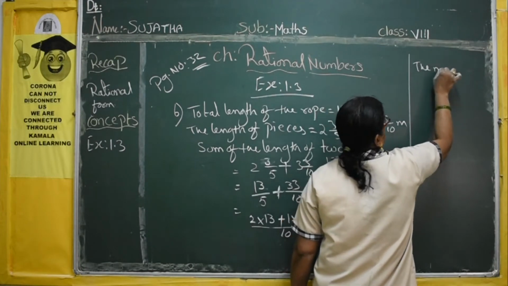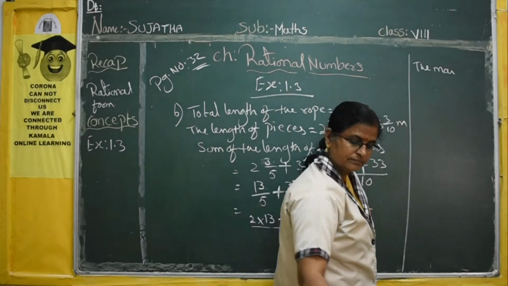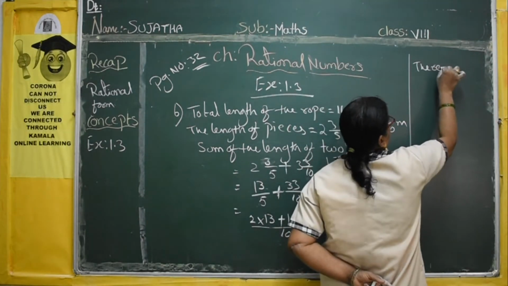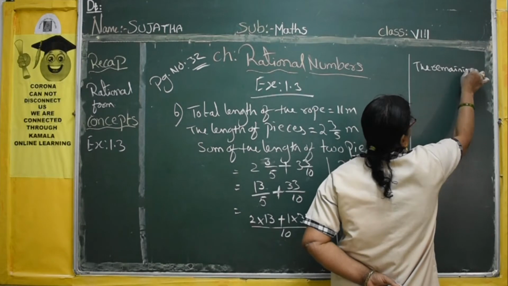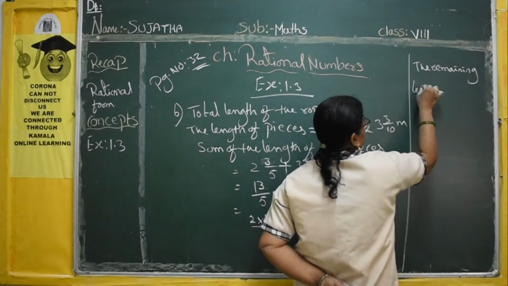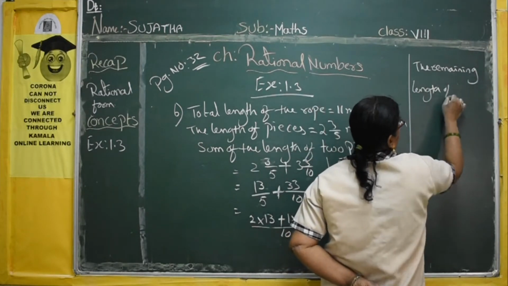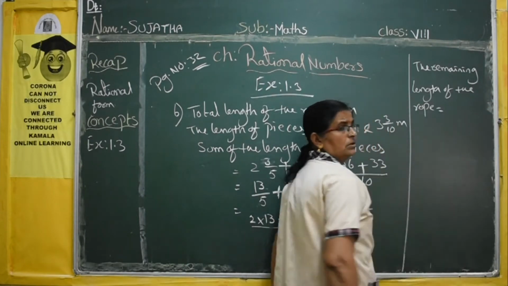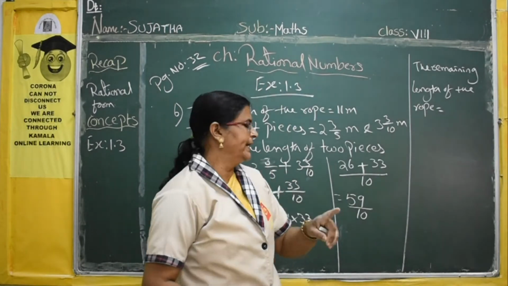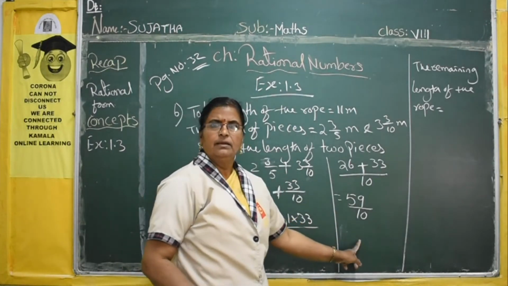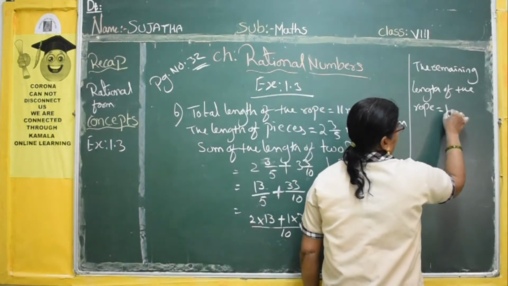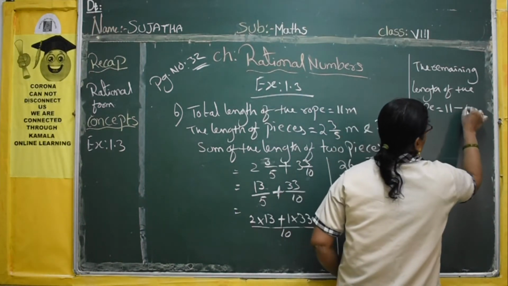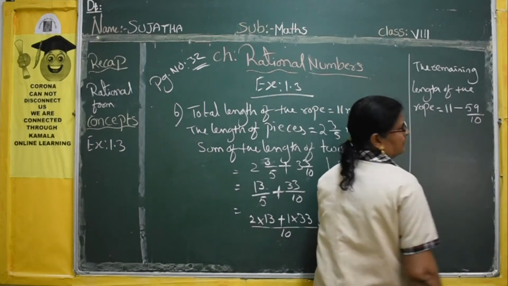The remaining length of the rope is equal to the total length of the rope minus the sum of the two lengths of the pieces. We have to subtract: total will be 11 meters minus the sum of two, which is 59 by 10.